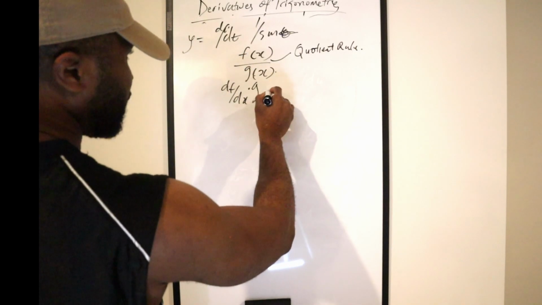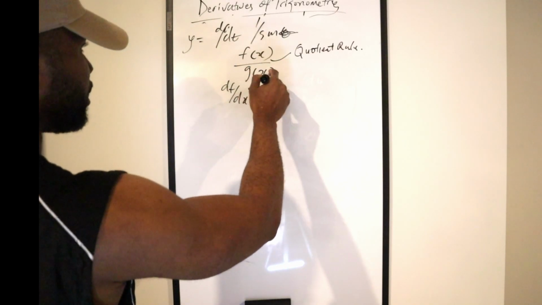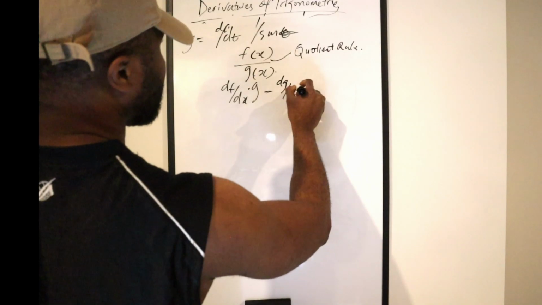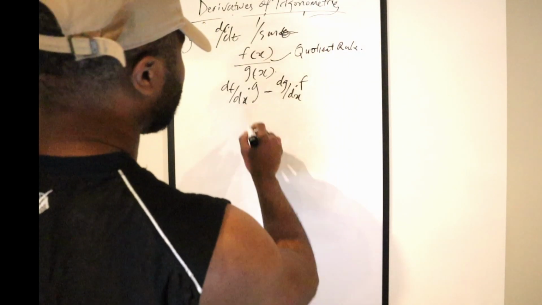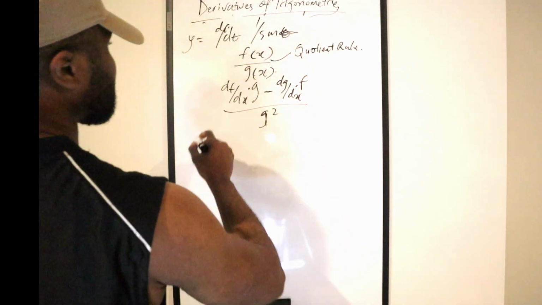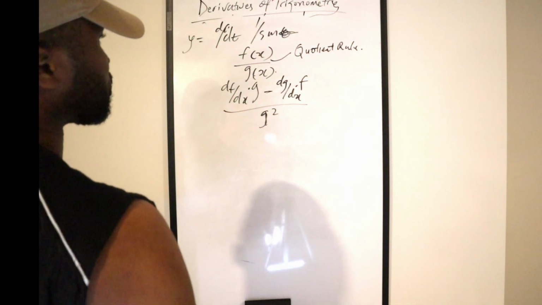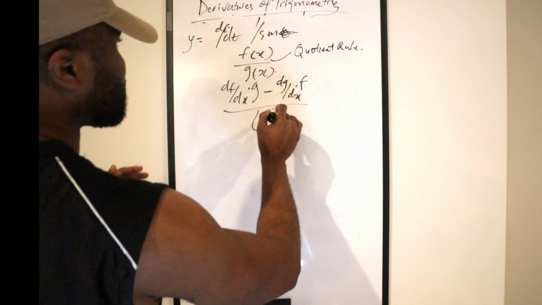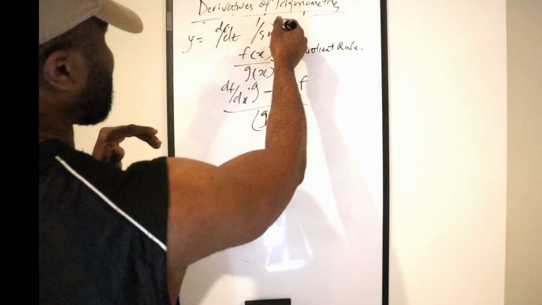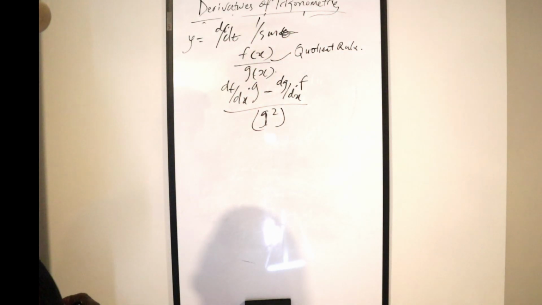Minus differentiate the denominator, dg over dx, and keep f constant, divided by g squared. So we are going to use this rule in order to solve this 1 over sine theta problem.